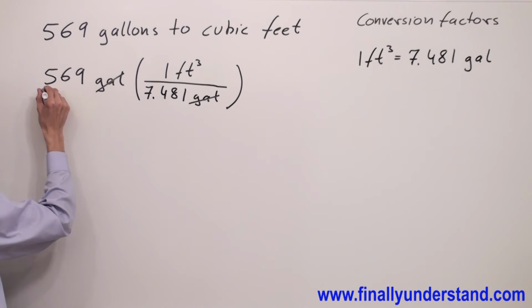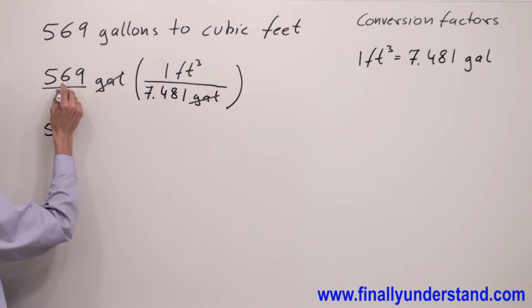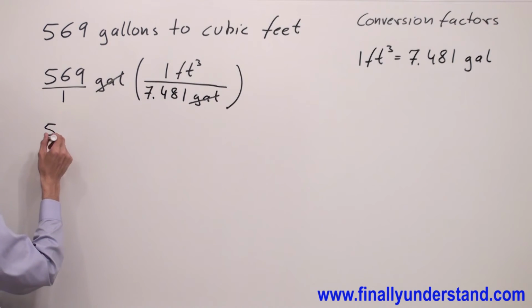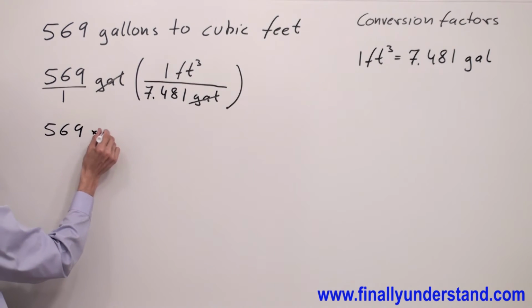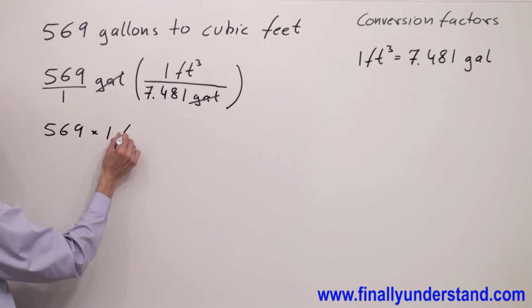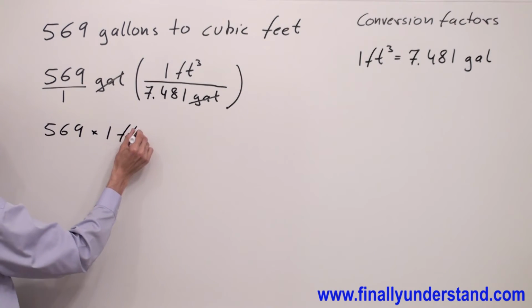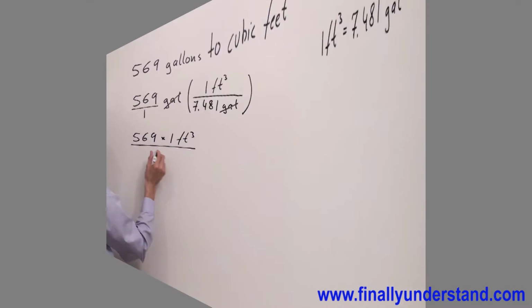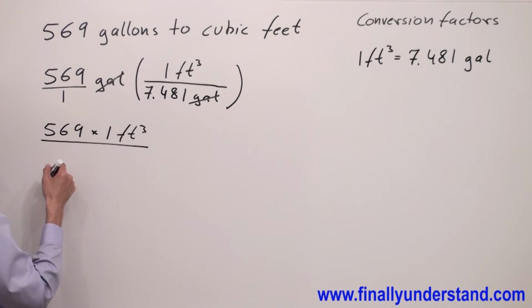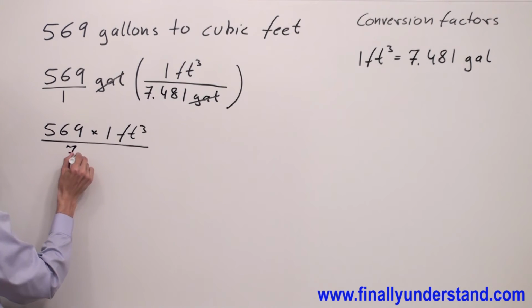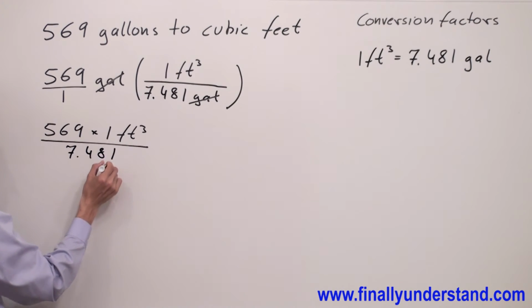Gallon and gallon will cancel out, and simply multiply 569 by this fraction. Remember, we can convert this to a fraction, numerator times numerator, denominator times the denominator: 569 times 1 cubic foot over 1 times 7.481, it's just 7.481.